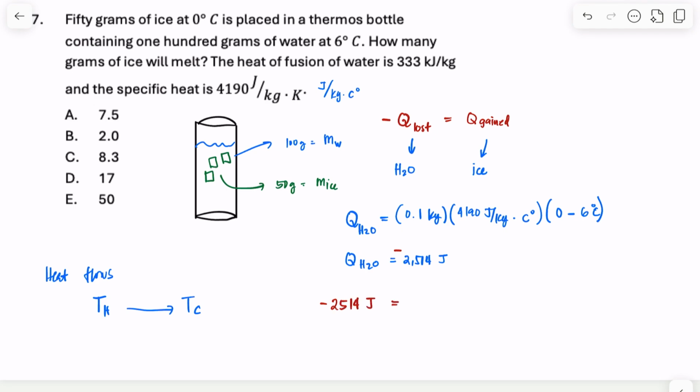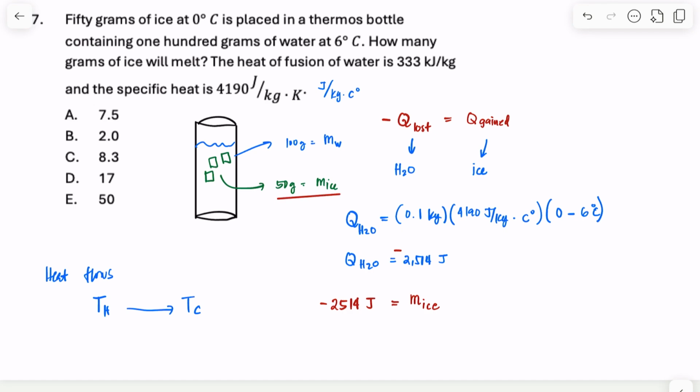I will let you do the calculation. That is equal to the Q, but this Q here is for the phase change. So since that is a phase change, that is just the mass of the ice. But take note, this is the mass of the ice that you are looking for. This is not this mass.